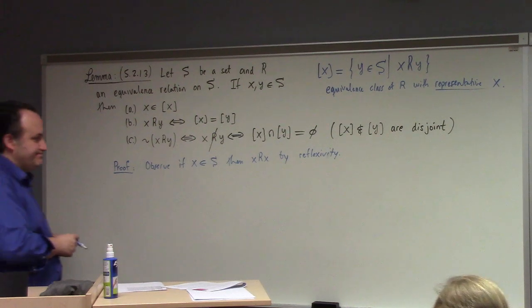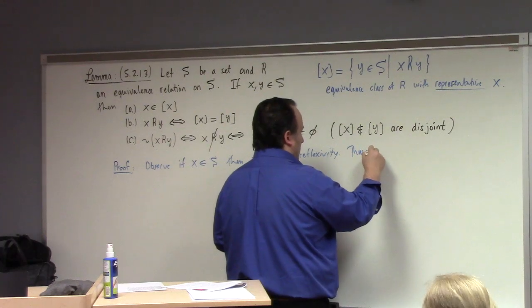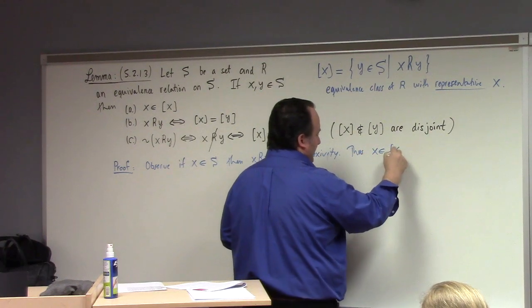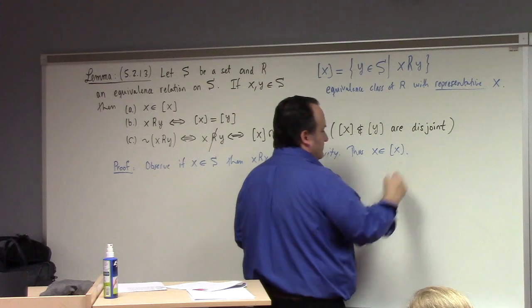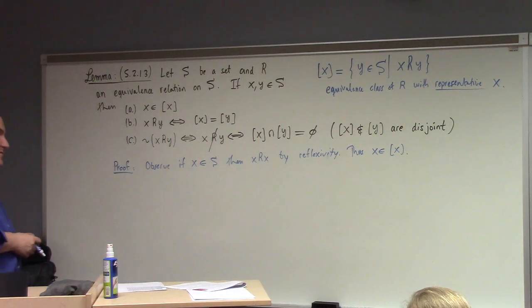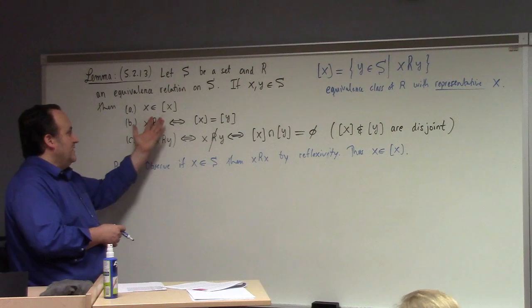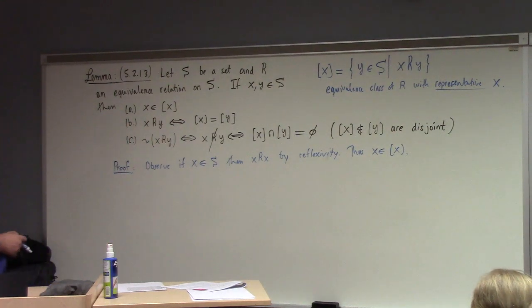Thus what? X is an element of this by definition, right? Because what does it take for a point to be in the equivalence class represented by X? It must be related to X. X is related to X, therefore X is an element. So hooray, our terminology, the equivalence class containing X, is not a bad terminology actually. It actually is true.